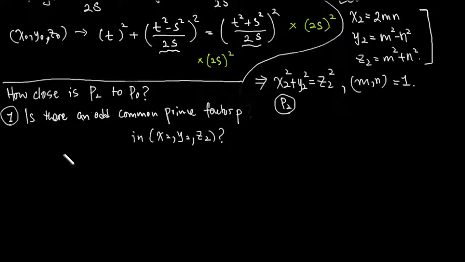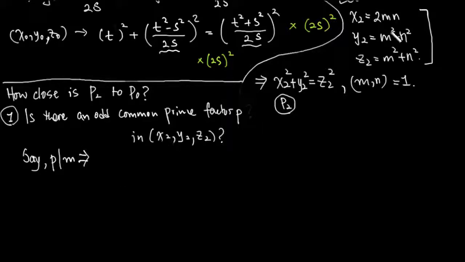Alright, here's written down: is there an odd common prime factor P in this solution x2, y2 and z2? Because it's odd, if it divides this one in here, so suppose there is, then it's going to divide either m or n. Say, to start with, P divides m, that's the symbol for dividing.